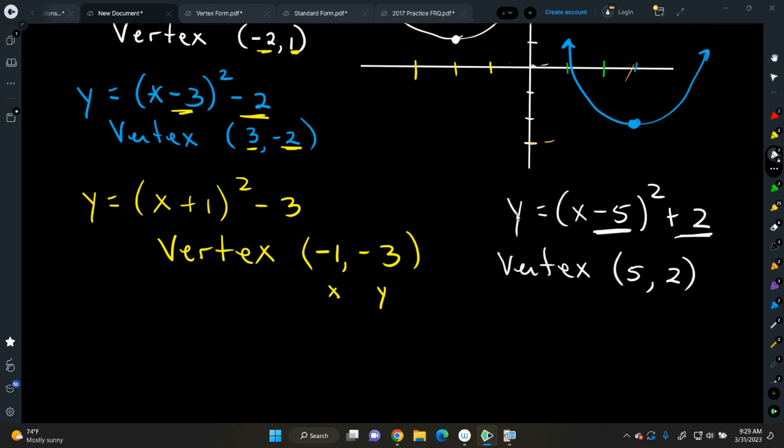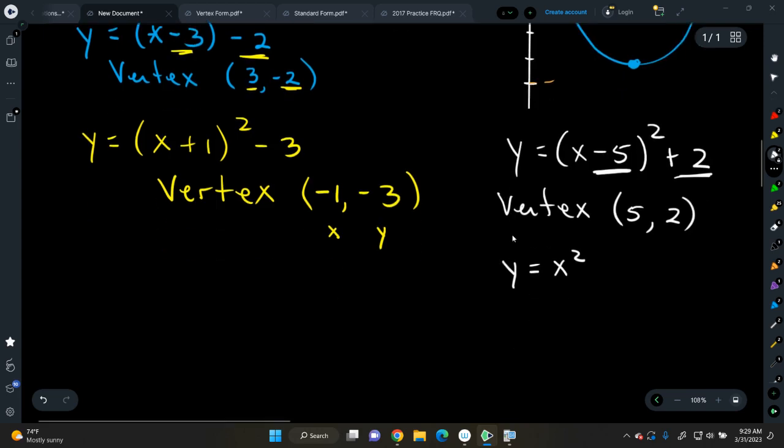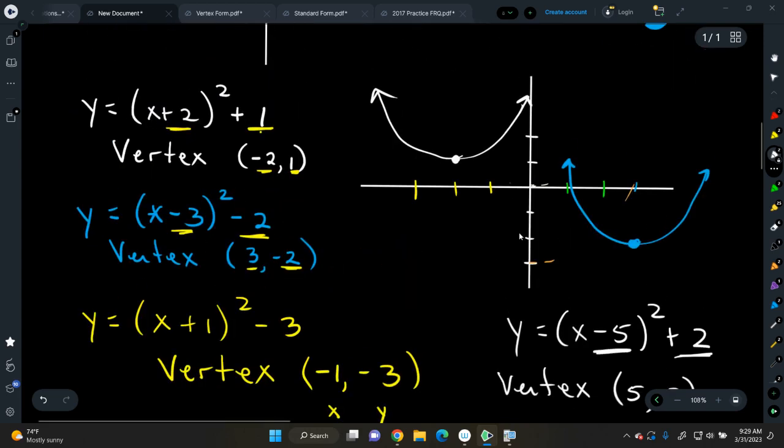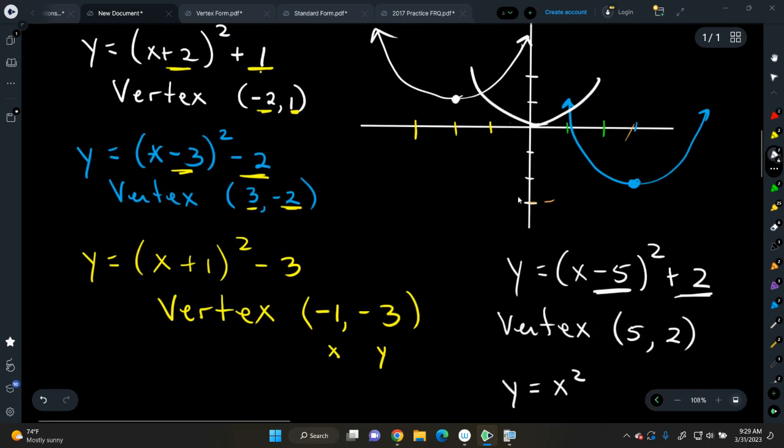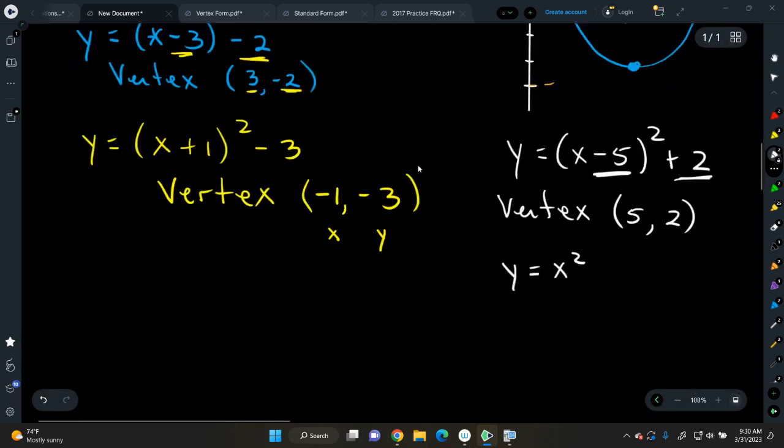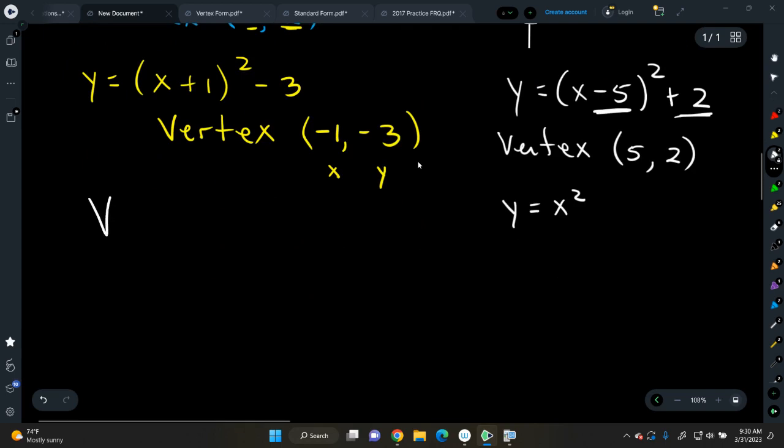Because if I started with just y equals x squared, I would move 5 to the right, and then 2 up. And that would put my vertex right there. Does that make sense?